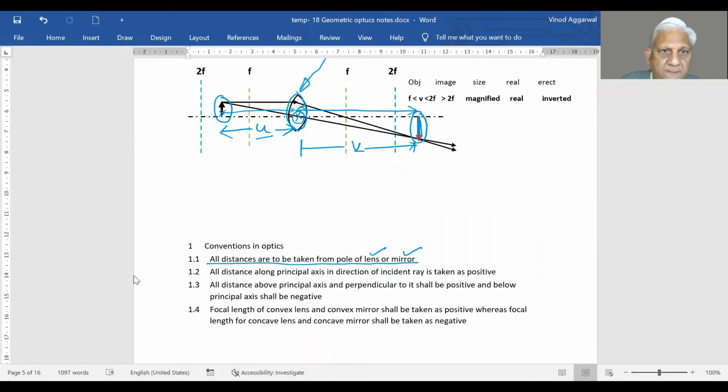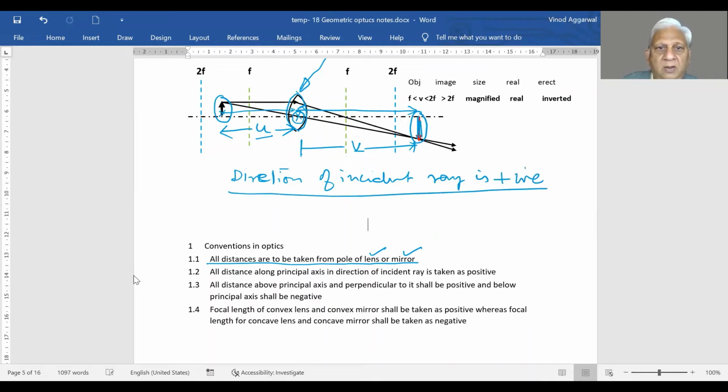No, we have to take distance as per sign convention of optics, and which is the direction of incident ray is taken as positive, meaning thereby all the distances from pole, if you go in the direction of incident ray, then it will be positive.